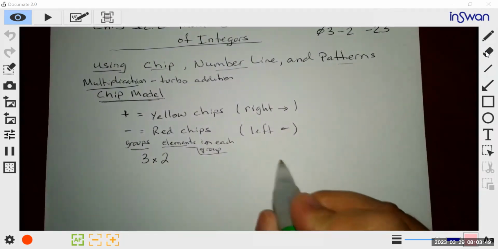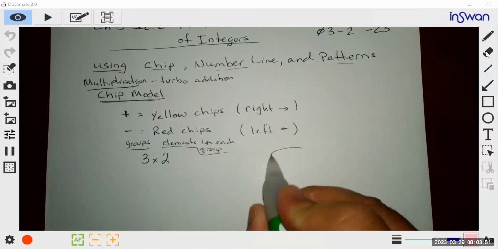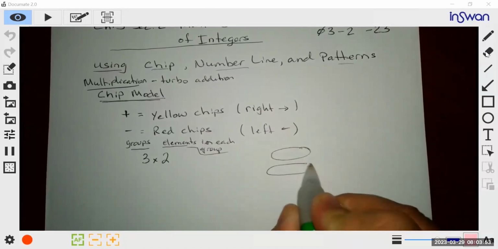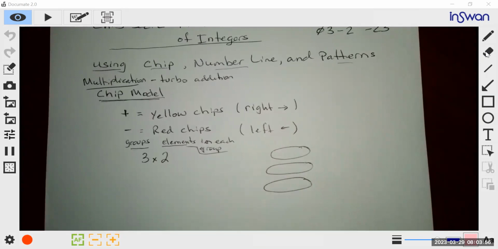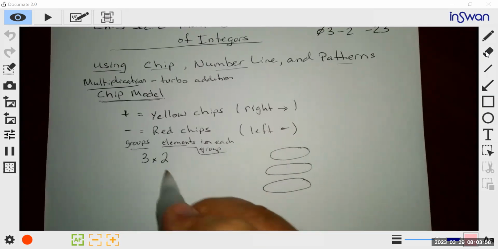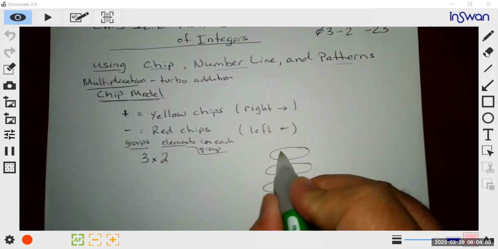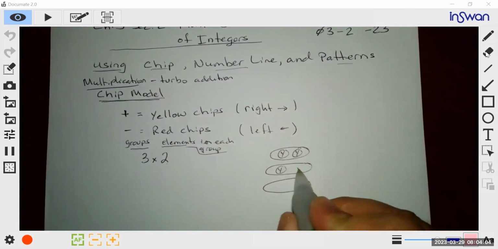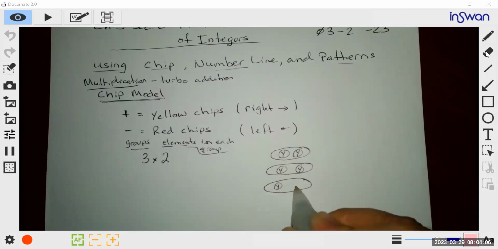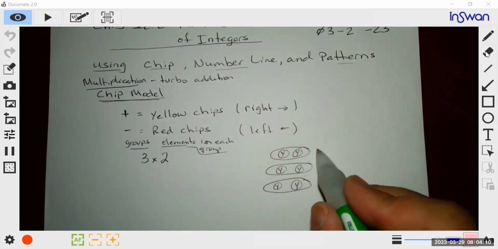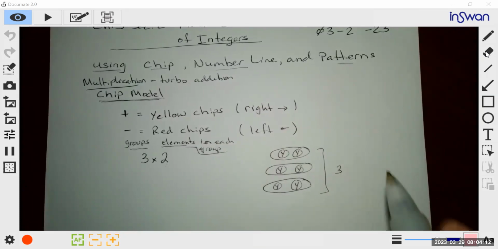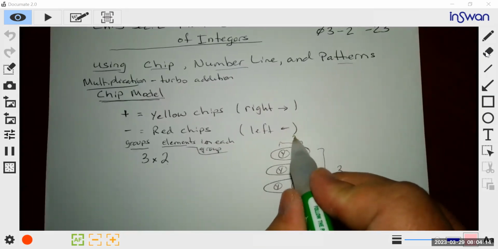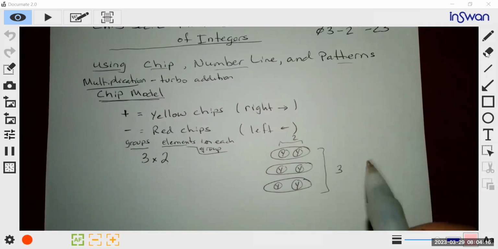So what this says is we have 3 groups. 1, 2, 3. And in each group, since it's positive, we have a yellow chip, a yellow chip. So there are 3 groups and 2 columns, or 2 in each group.